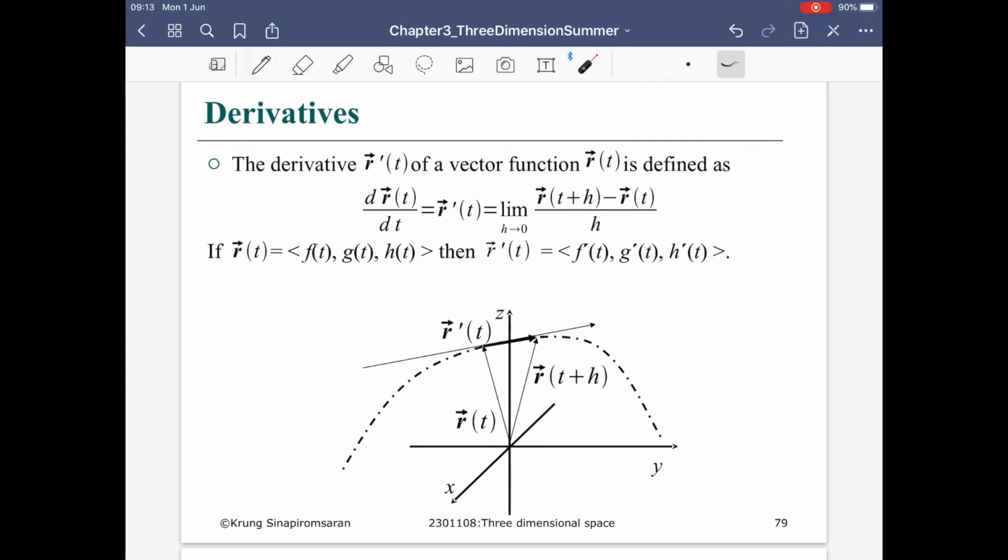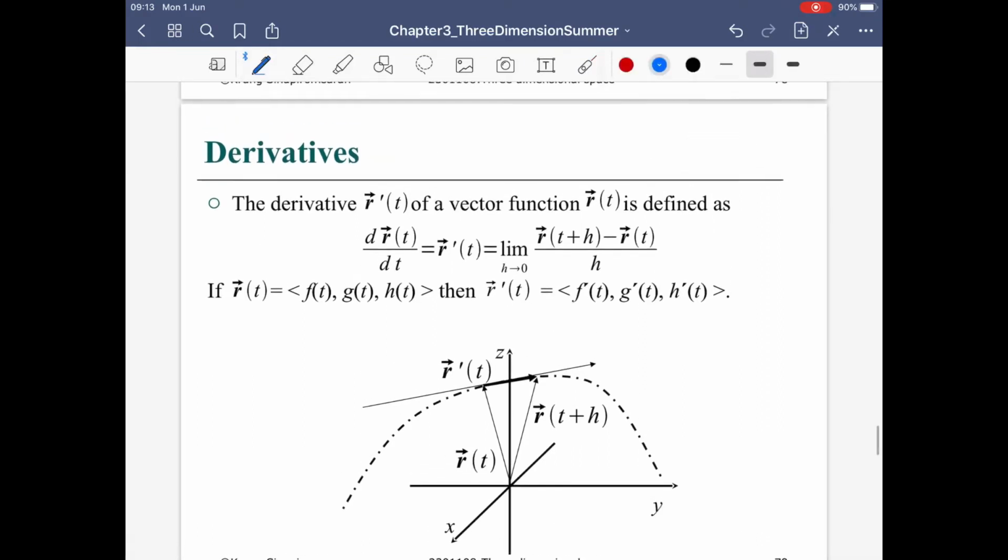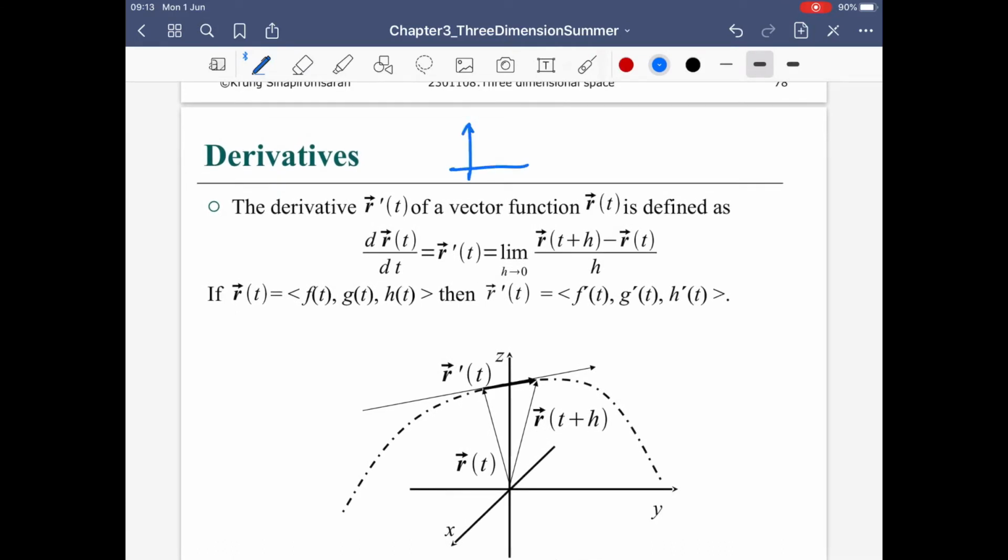Remember, as you have a curve in calculus 1, just like this, and you are finding a derivative at some particular point here, then the derivative at this point represents the slope of the tangent line, the straight line that is tangent to this curve at that particular point.